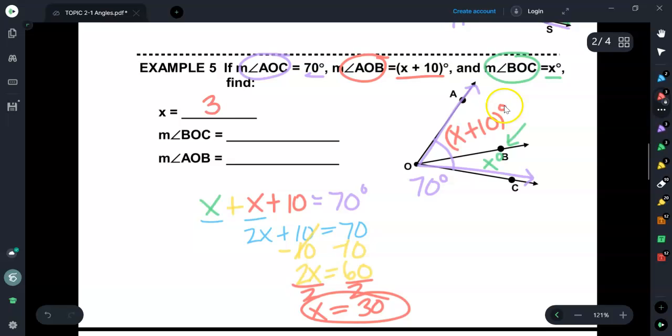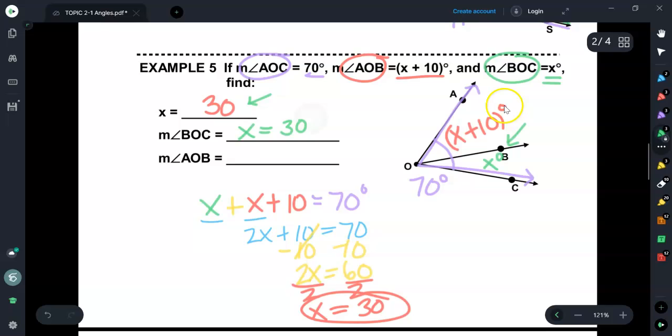Now, we've just solved for x. X is not a degree. It's not an angle measure. X is just a value. But we need to know what x is so we can find the other angles. So let's go back and take a look. BOC, remember, was x, right? So BOC was equal to whatever x was. Well, what is x? It's 30.